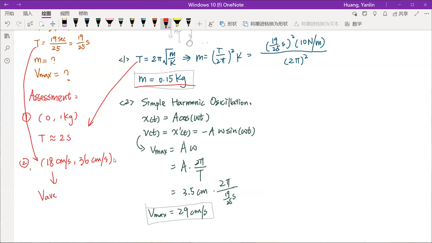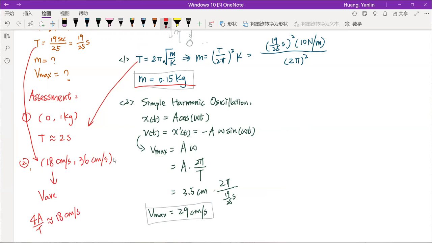One period takes less than 1 second, and the amplitude is A. Using 4A, which is how far it goes per period, 4A over the period is approximately 18 centimeter per second.